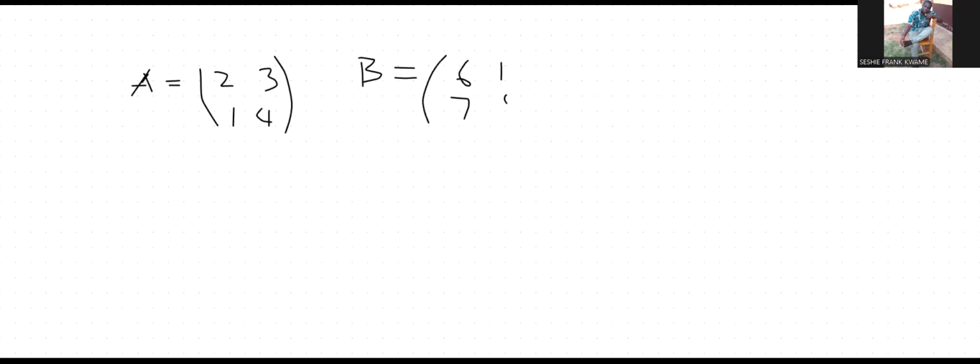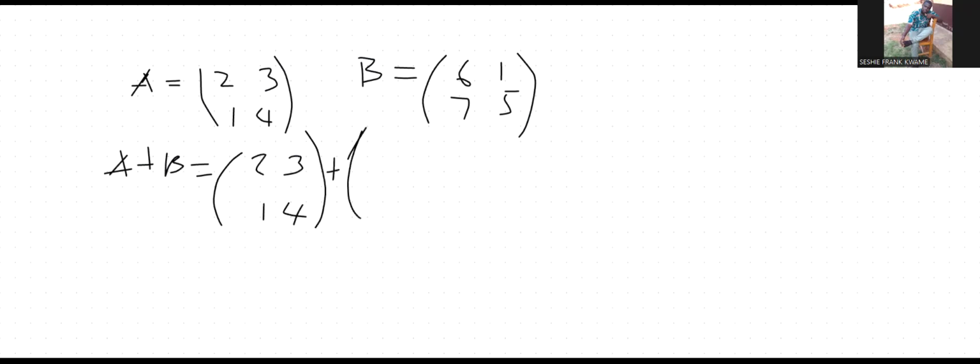So you can have matrix A plus B. If you are adding the matrices, you have 2, 3, 1, 4 plus you have 6, 1, 7, 5.